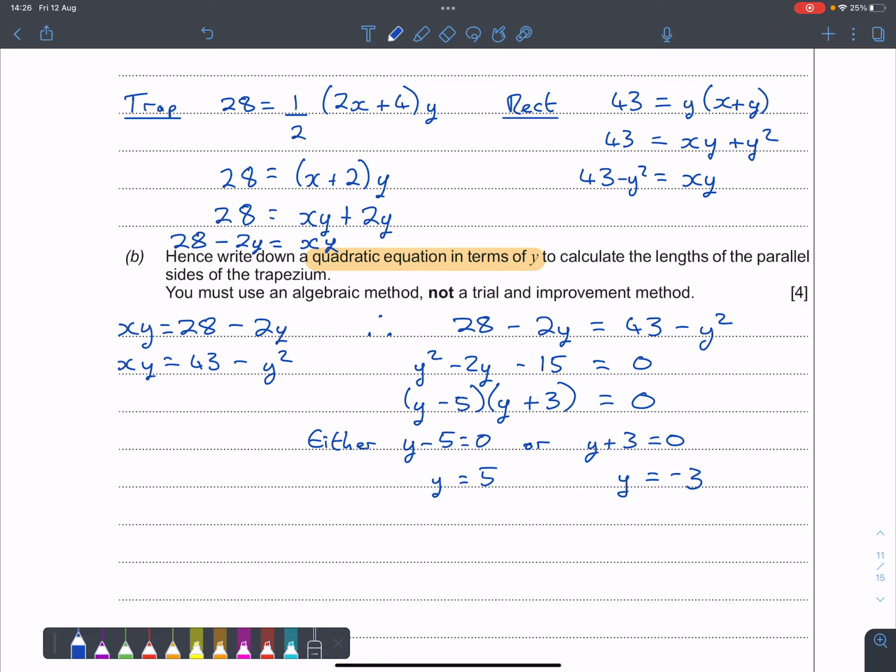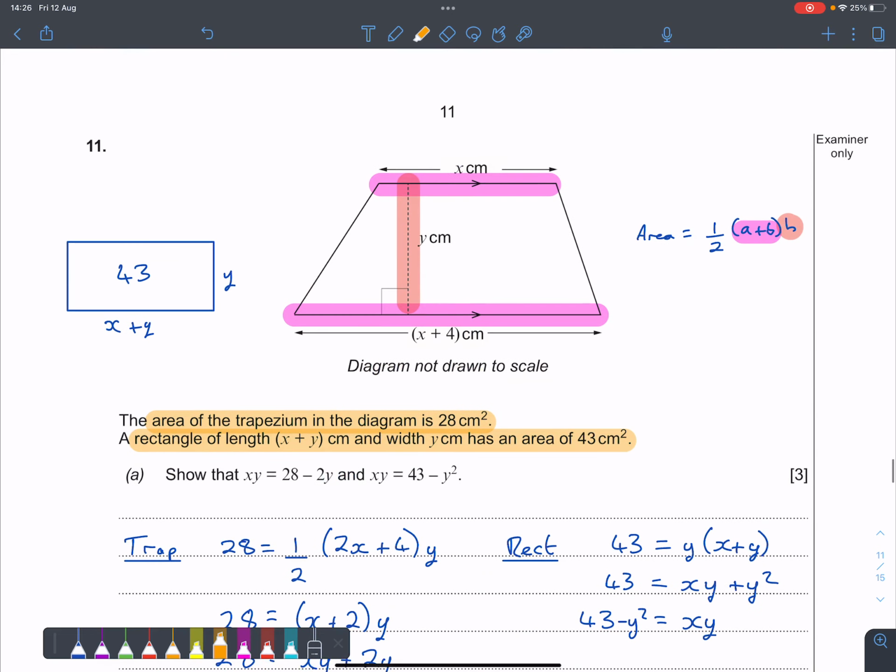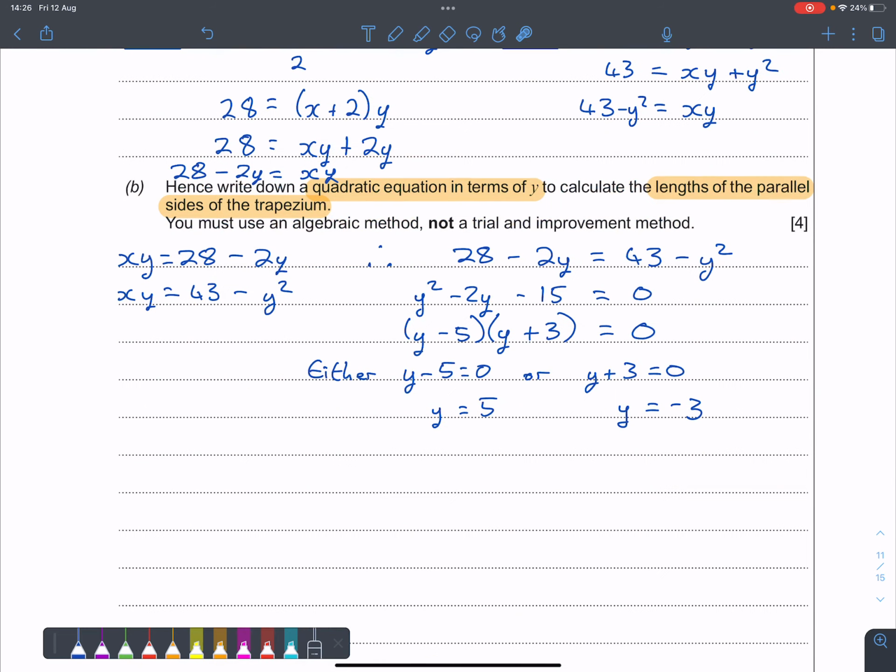Okay, now what we need to try and find is the lengths of the parallel sides of the trapezium. So we need to work out what x is and what x plus 4 is. Now, looking at the value of y, one possible value of y is 5, one possible value of y is negative 3.